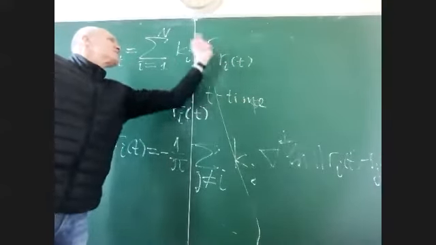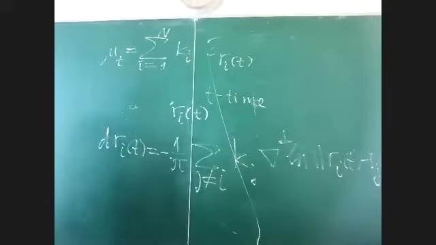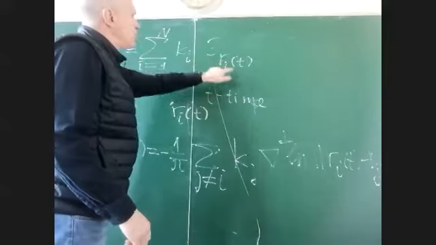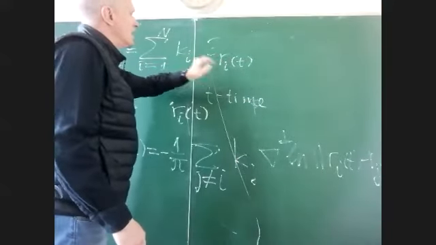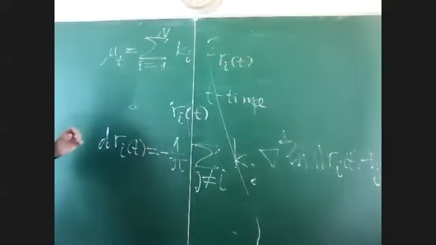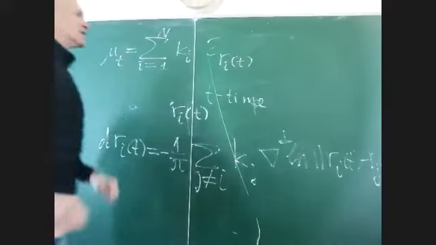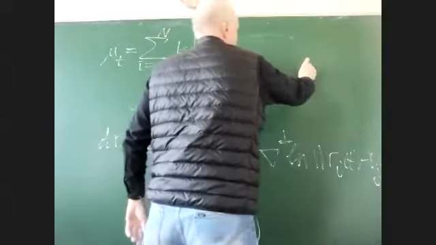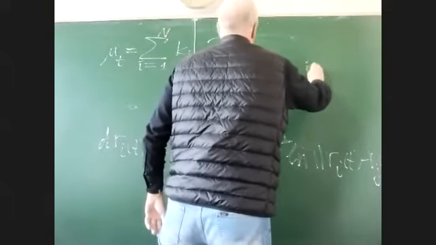What does this mean? This is a delta function at the point r_i, and it can be understood as a measure which has unit mass and is concentrated at this point.